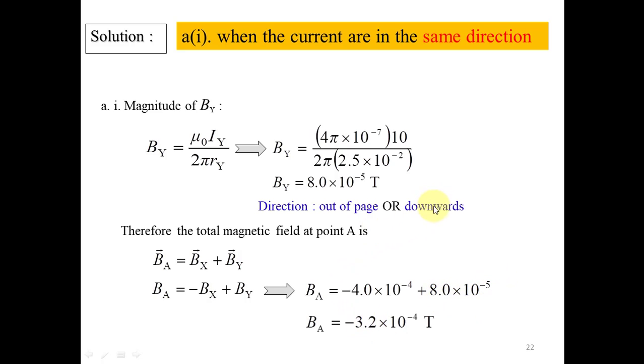Here, downward is considered positive and upward as negative. So we got negative 3.2 times 10 power negative 4 Tesla. That means the direction is upwards or into the page.